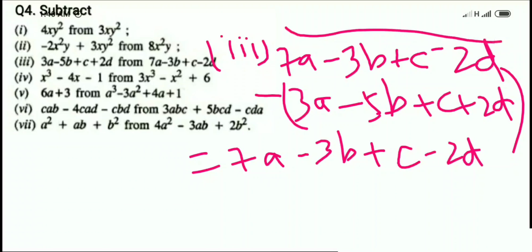These will be same as before and these signs will be changed.